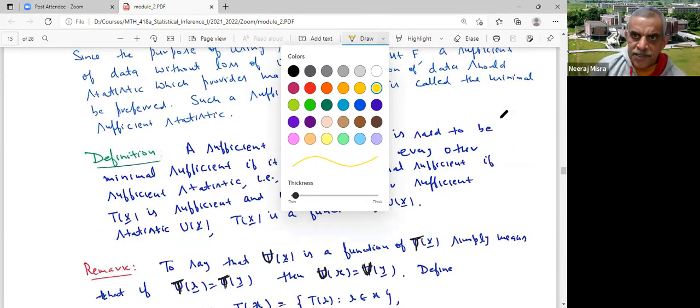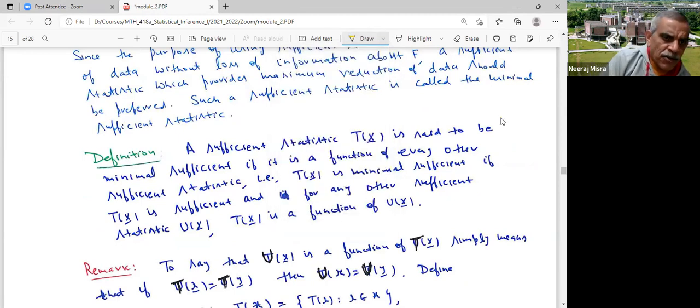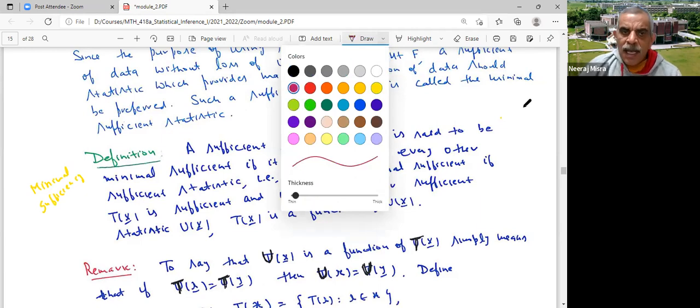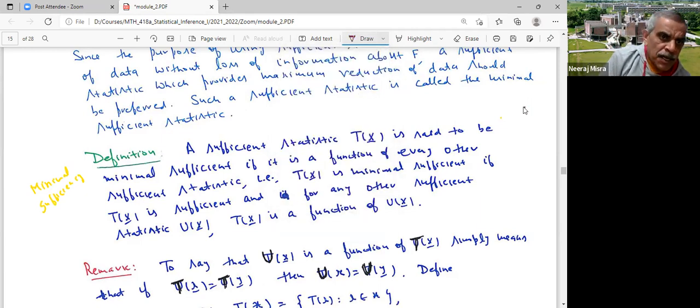What we'll discuss over here. Now, to understand the concept of reduction in data, the simplest example is, let us look at two statistics. We have seen that each statistic induces a partition, right? So let us look at the statistic, the whole sample x1, x2, ..., xn.